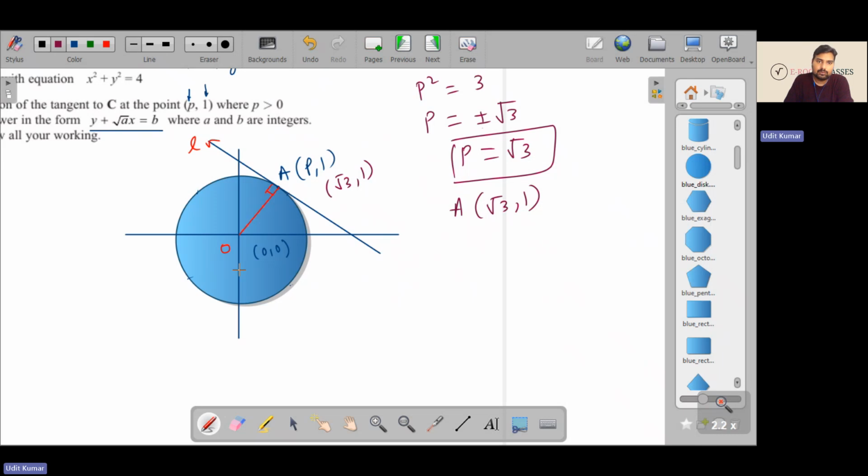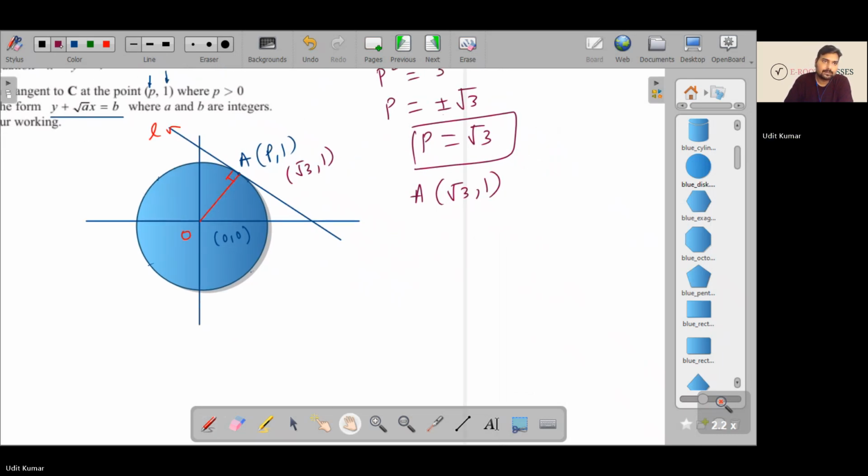Now, once we know the point, we know that if two lines are perpendicular, let's say this is line 1 and this is line 2, the product of the slopes of line 1 and line 2 will be negative 1.